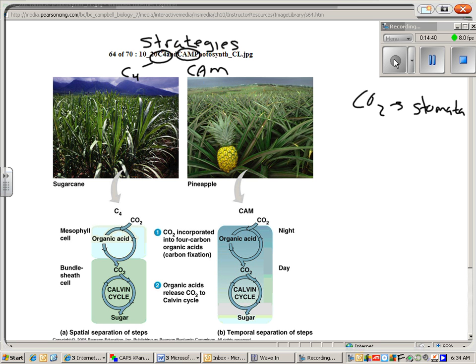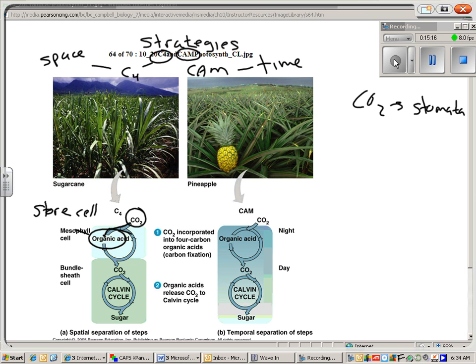C4 plants, like sugarcane, live in a very hot, dry environment. The best way to remember this is that C4 plants use space and CAM plants use time to take carbon dioxide from the air, convert it into a different chemical, and store it.